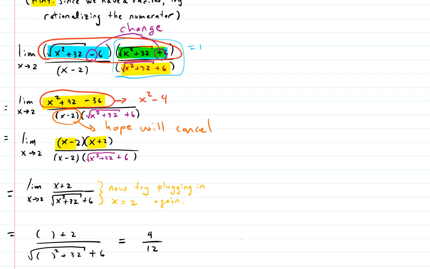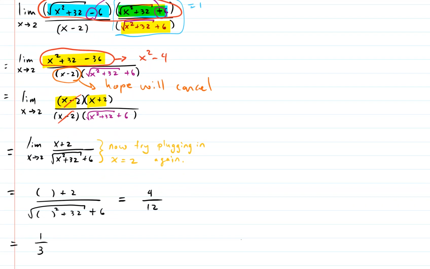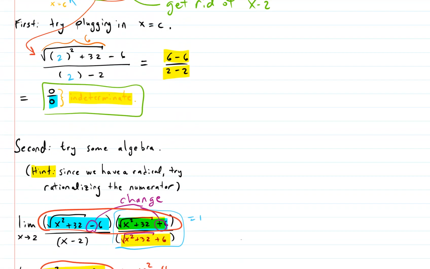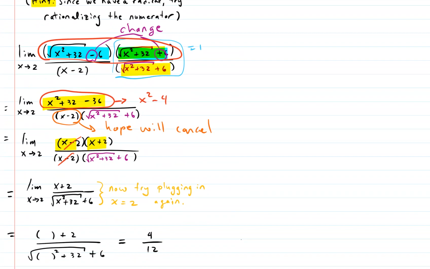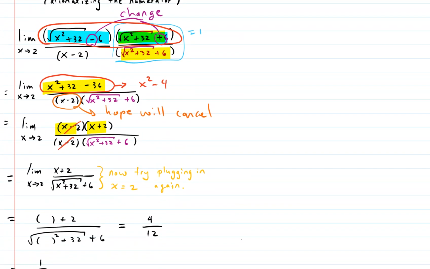Once we do that, we see right away that we've got some good things going, because these x minus 2's can cancel, and we've just gotten rid of the problem. Remember, the issue we had was the x minus 2, and now we no longer have it. So we just have x plus 2 in the top, and then the square root of x squared plus 32 plus 6 in the bottom. Now we've gotten rid of the problem factor.